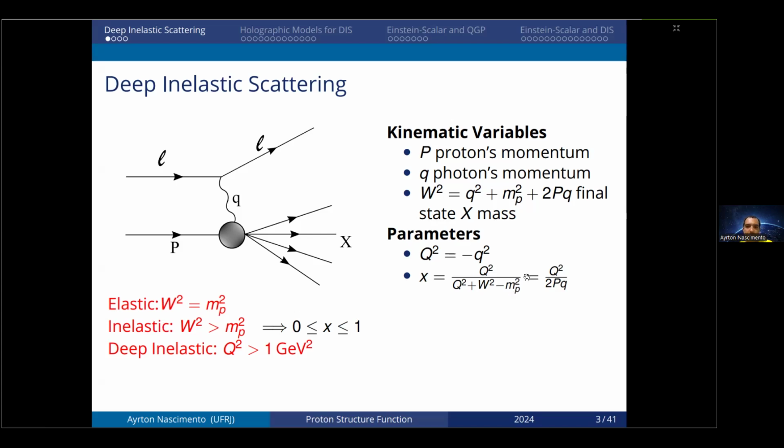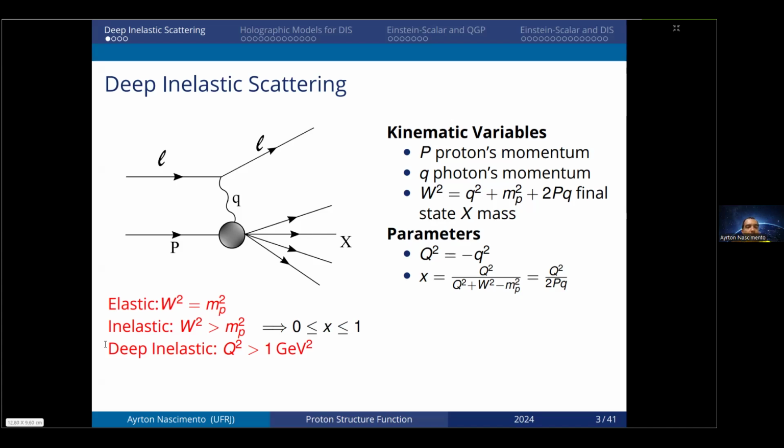Because this thing is gonna be less than one, and these are the limits of this parameter, the Bjorken x. It goes from 0 to 1, and it describes how inelastic or elastic the process is. If it's 1, you get elastic scattering, and if it's less than 1, you get inelastic scattering.